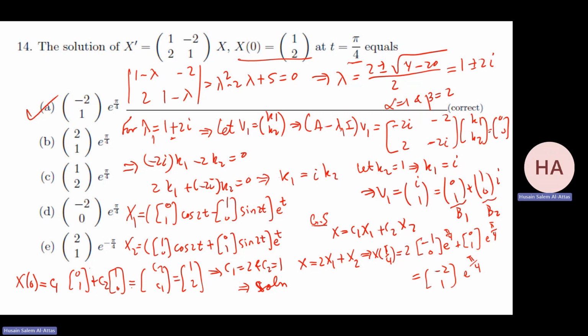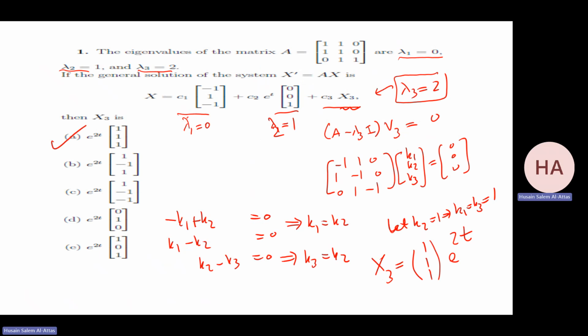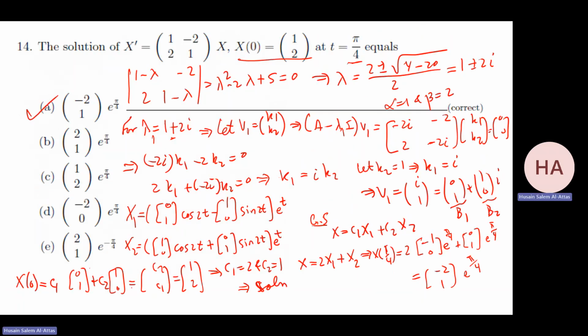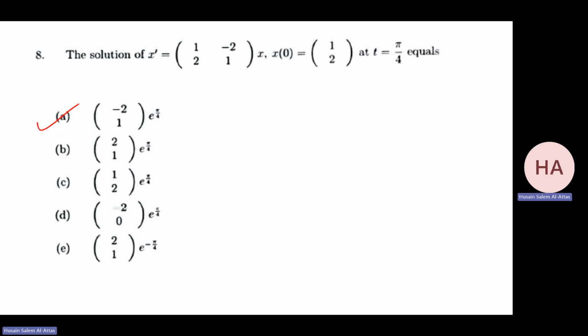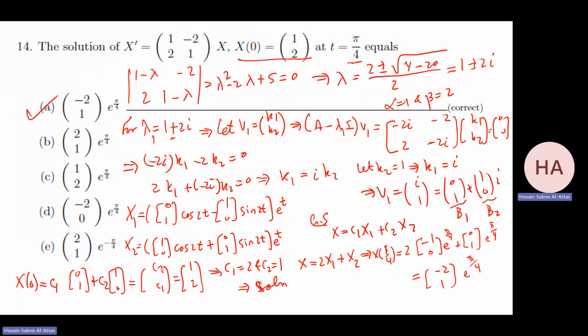So x1 will be 0, 1 cosine 2t minus 1, 0 sine 2t, times e to the power t.